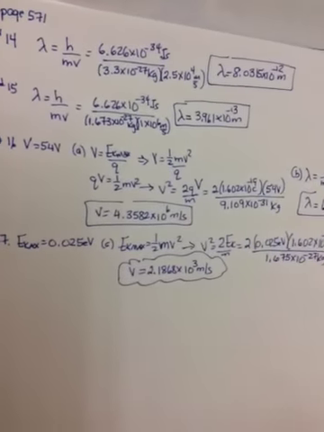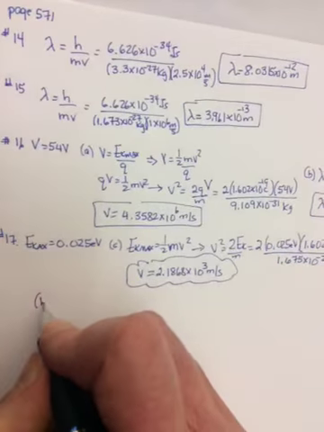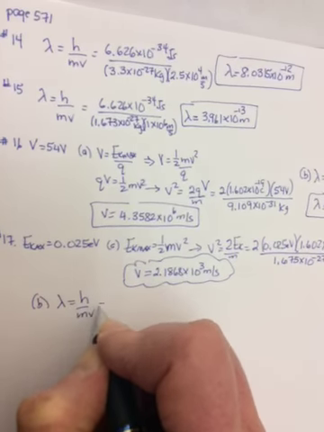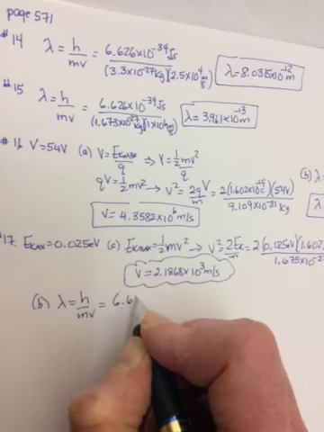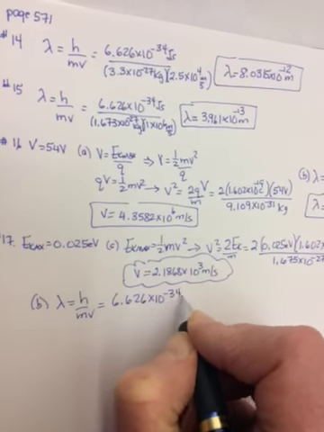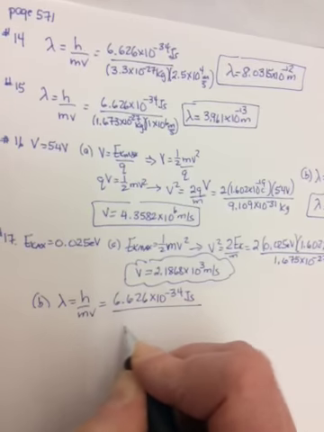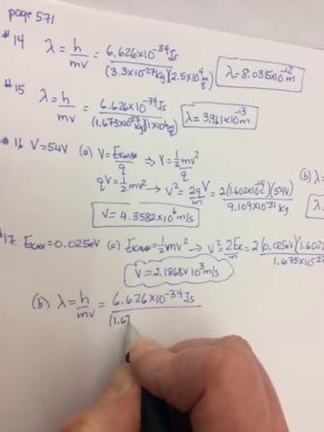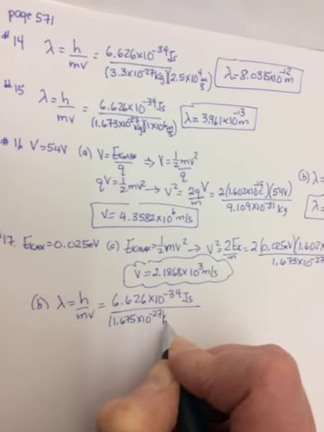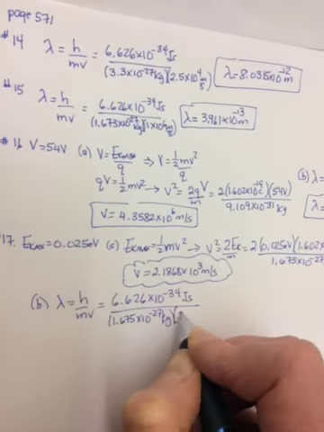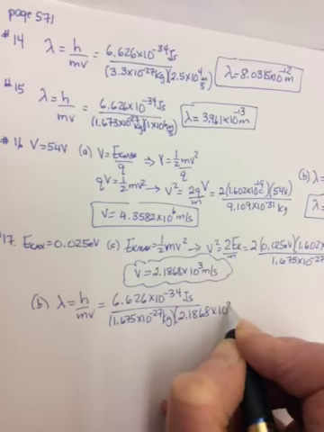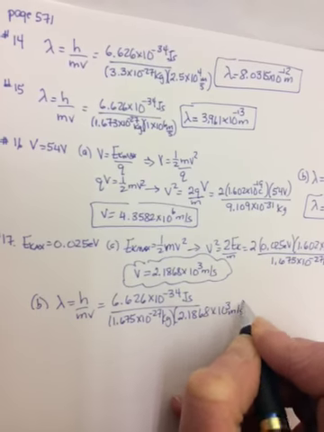What is the de Broglie wavelength of the neutron? So lambda equals h over mv. So 6.626 times 10 to the negative 34 joules seconds divided by 1.675 to the negative 27 kilograms, 2.1868 to the third meters per second.